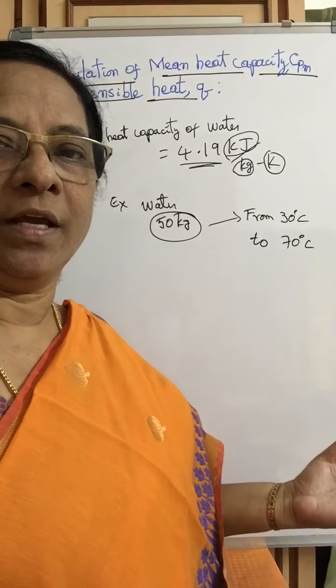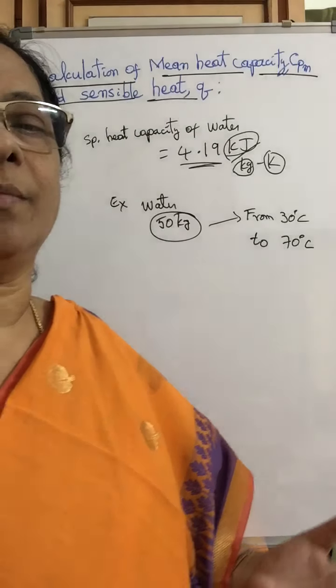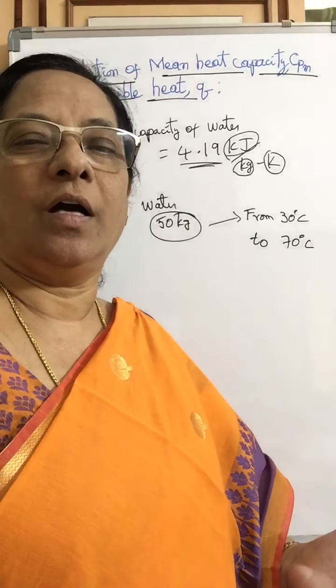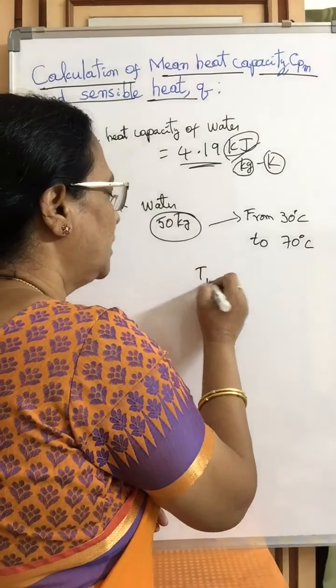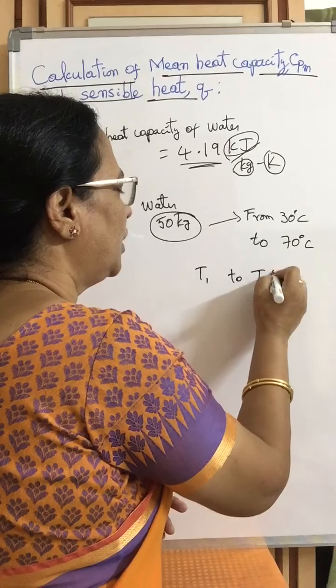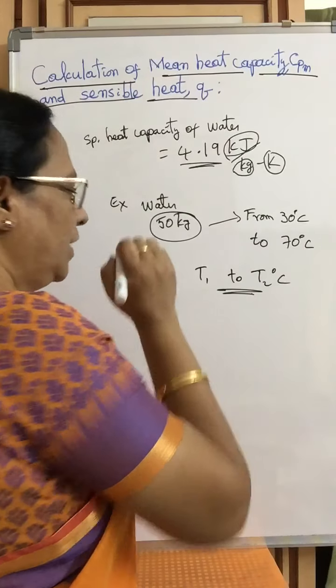In the same way, in the chemical industry, any liquid, maybe some hydrocarbon, is to be heated from temperature T1 to temperature T2 degrees centigrade, and mass can be some m.